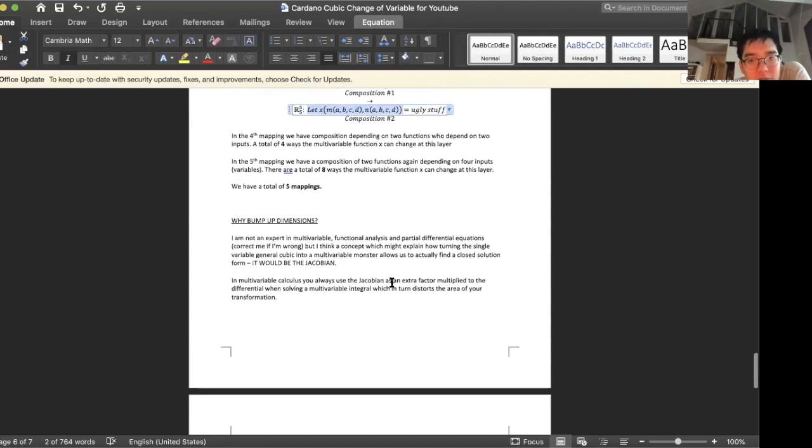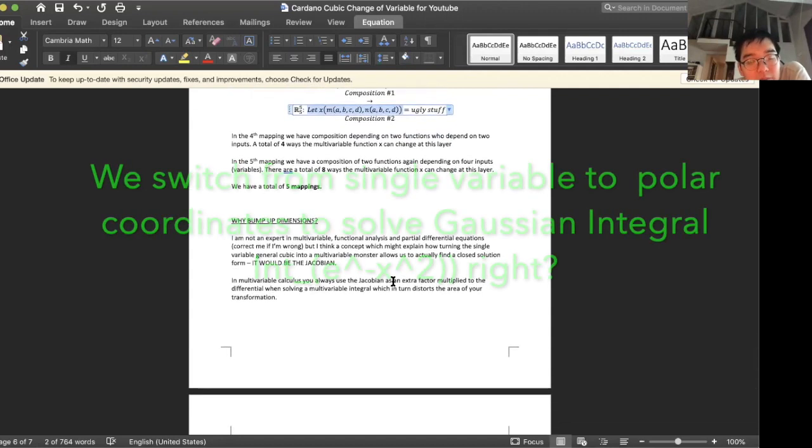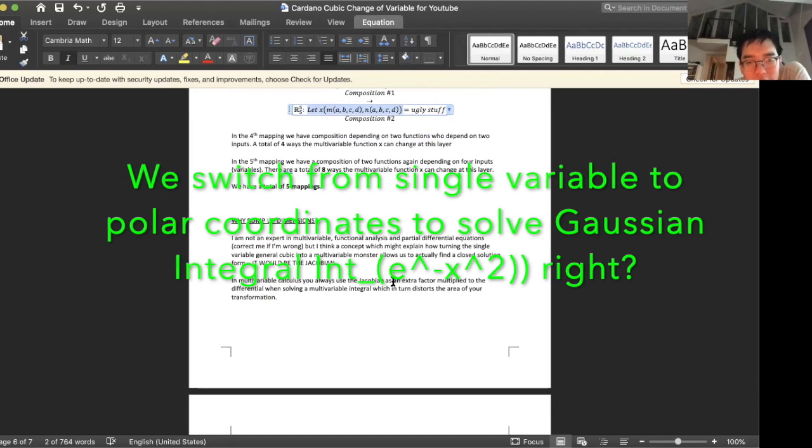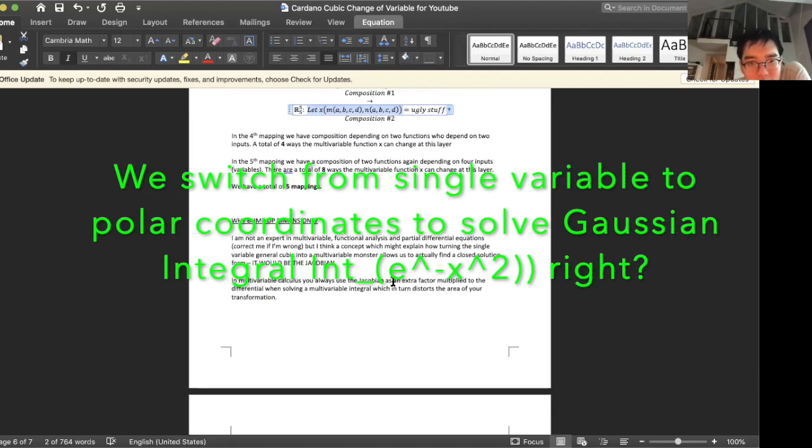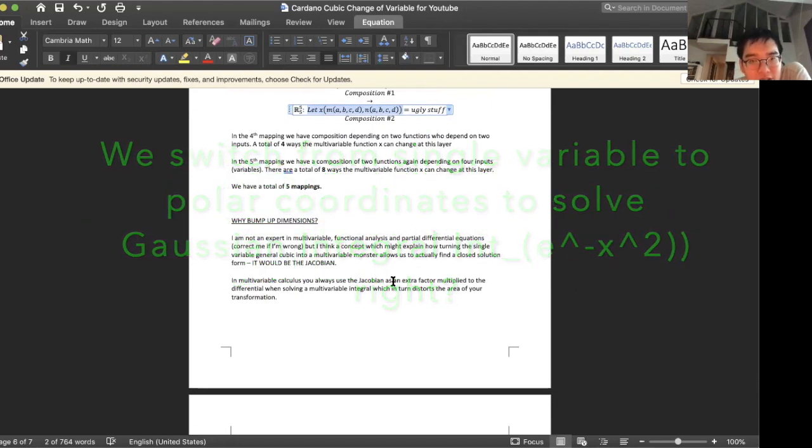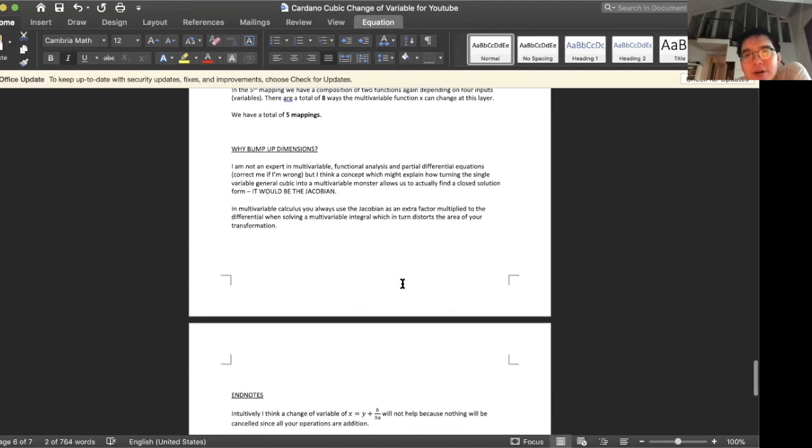Because the Jacobian basically is a factor you multiply to the differential every time you solve a multivariable integral. And that always distorts the area of your transformation. And if I recall, it does have some dimension shifting properties. Again, I could be mistaken with that. But I have an intuition that that is why we go from a single variable to 2 variable function or n variable function.